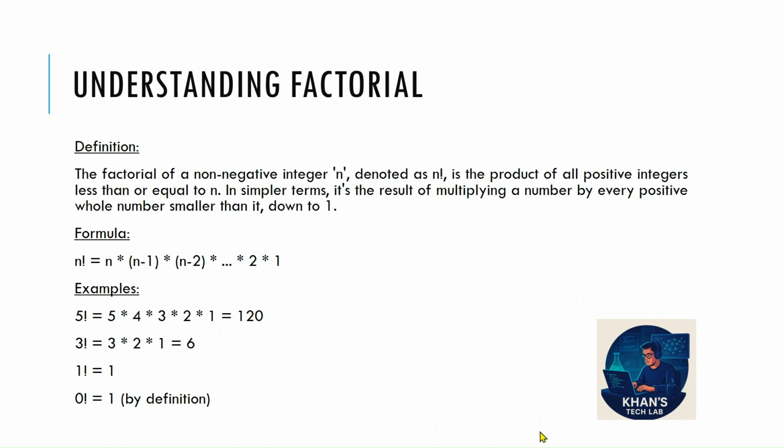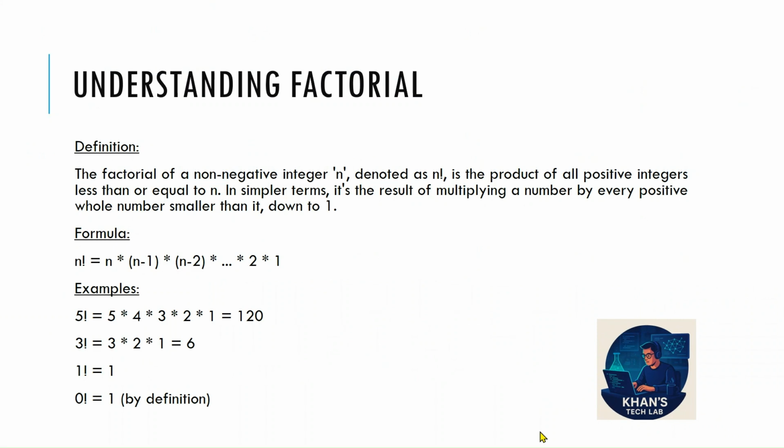In simpler terms, it is the result of multiplying a number by every positive whole number smaller than it, which goes down to 1. The least number which can be multiplied in the factorial is 1.